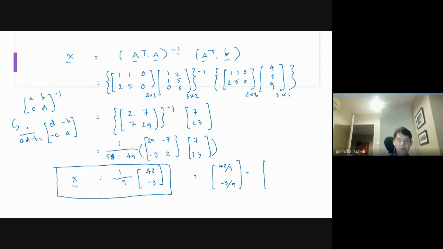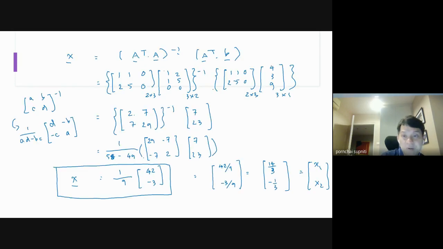I divide by 3 on top and bottom, so I get 14 over 3 and minus 1/3, right? Okay, so these are x1 and x2, which are used to multiply a1 and a2. So this is x.